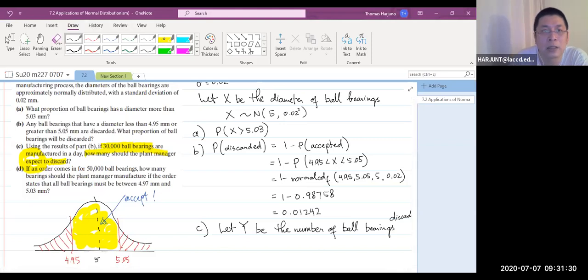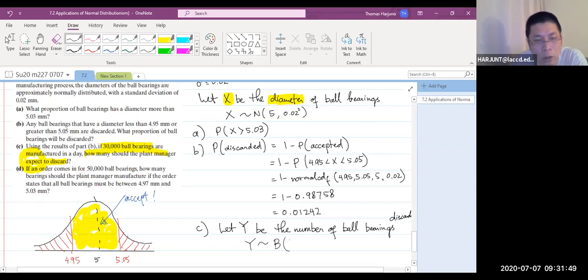Okay, now X is the diameter, and we were told that's normally distributed. Now this Y here, the number of ball bearings discarded, if you think about it, is actually not normal, it's binomially distributed.